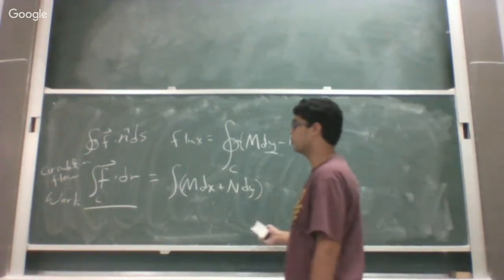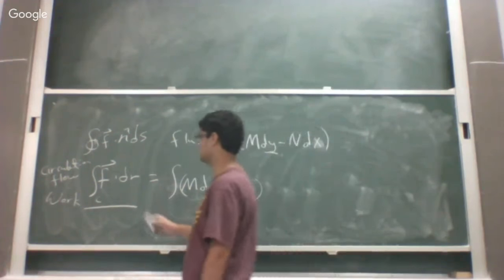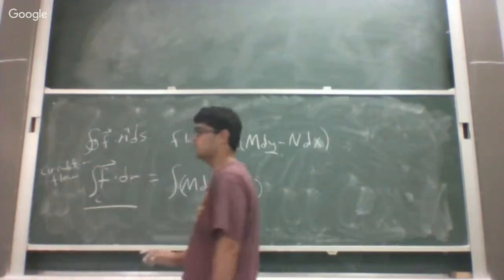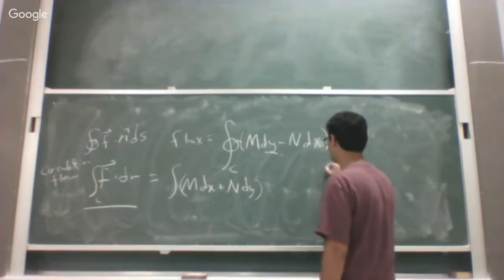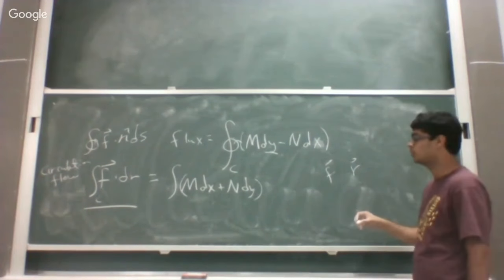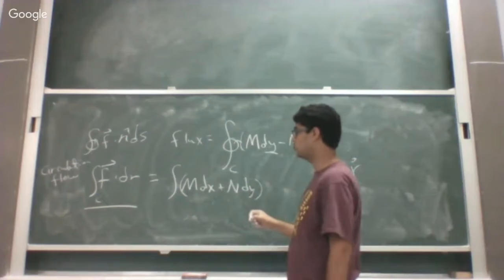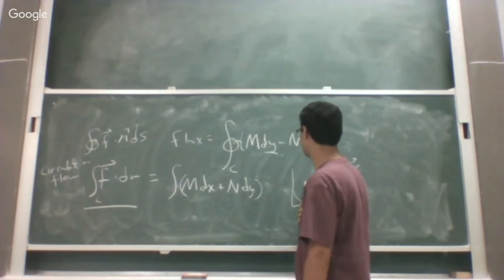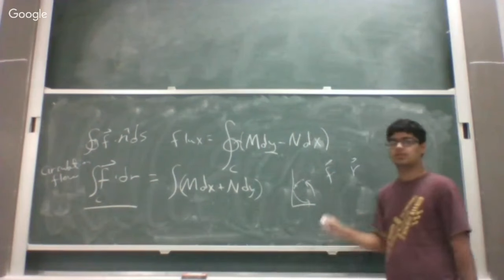For your work problem, they'll normally just give you the force vector and the r vector. For your circulation problem, they'll give you a graph with arrows like that.